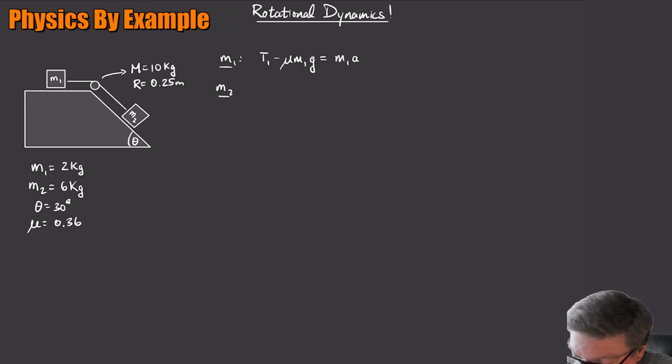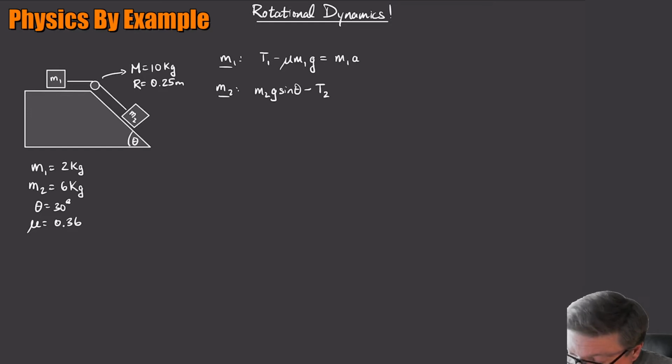How about for M2? I've got the force of gravity pulling the thing down the plane. That's going to be M2 g sine theta. Remember, that's the force of gravity pulling something down the plane. Tension is going to be acting back up the plane, but I better call this T2.